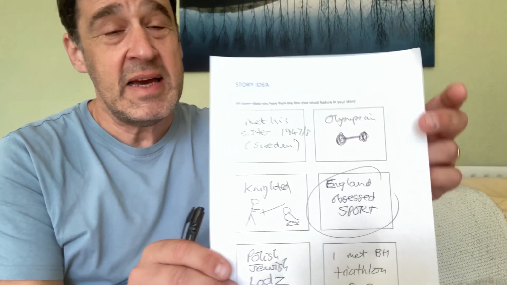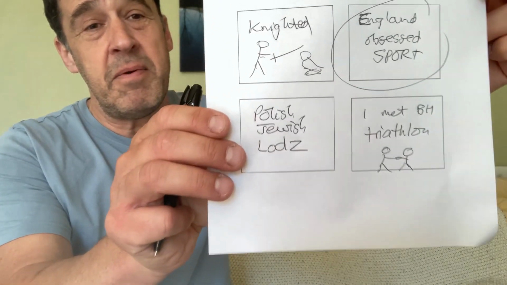A plot is a series of events. There's a word, causal: this causes that, causes the next. The story, for me, is more basic things like he became a weightlifter, he met me, or more importantly, I met him. But the plot is this causal chain of events.